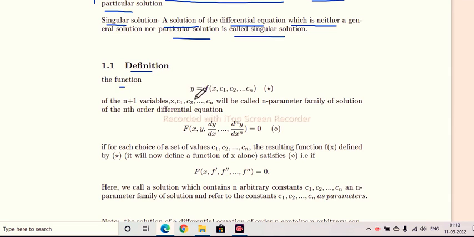The function y equal to f(x, c1, c2, up to cn), where c1, c2 are arbitrary constants, call this equation star, of n plus 1 variables. Here n is the number of constants and 1 is x, so the total is n plus 1 variables. f(x, c1, c2, up to cn) will be called an n parameter family of solutions of the nth order differential equation.